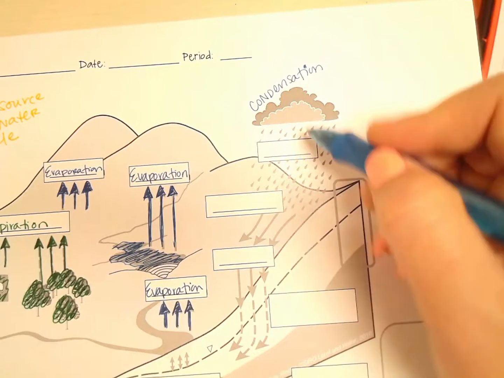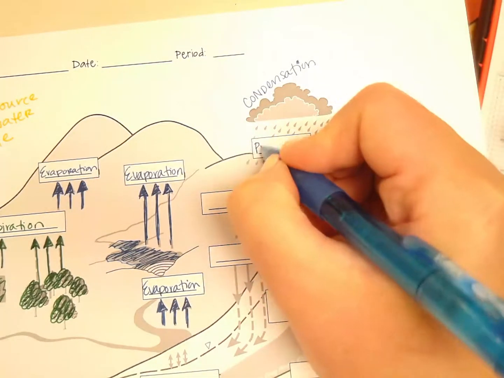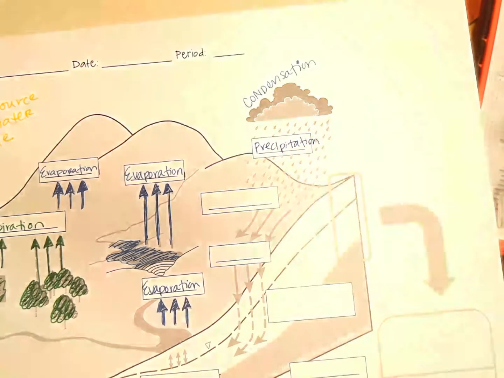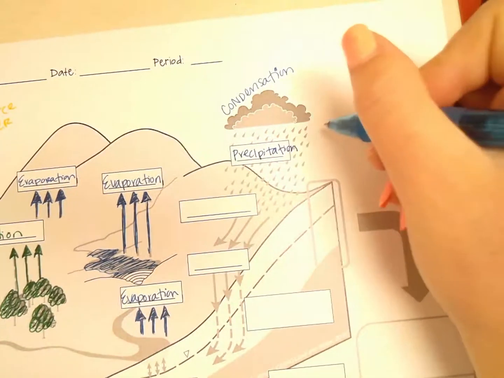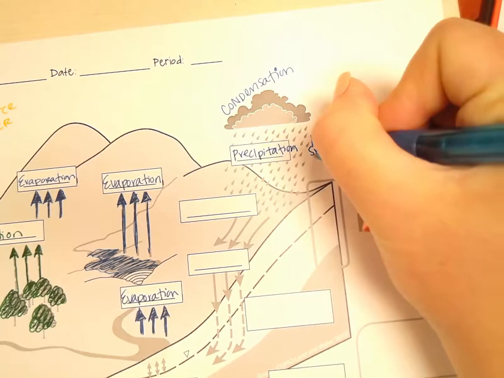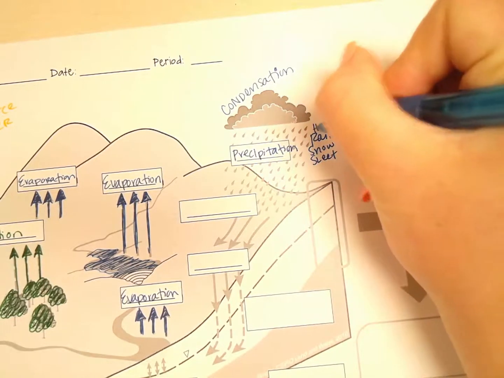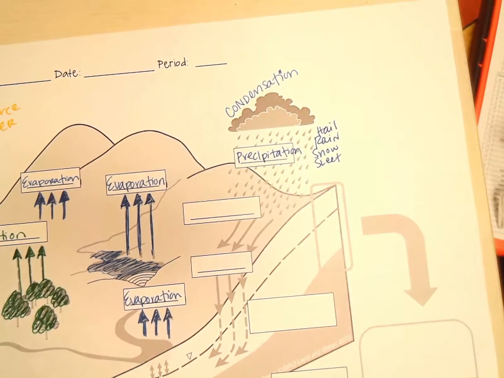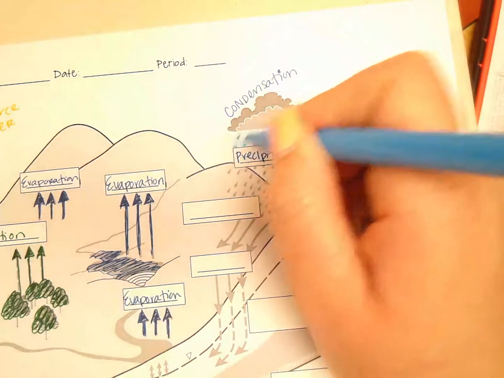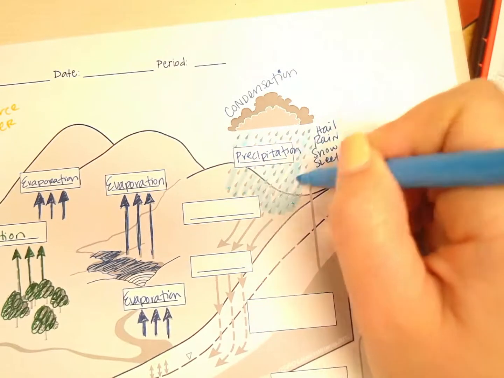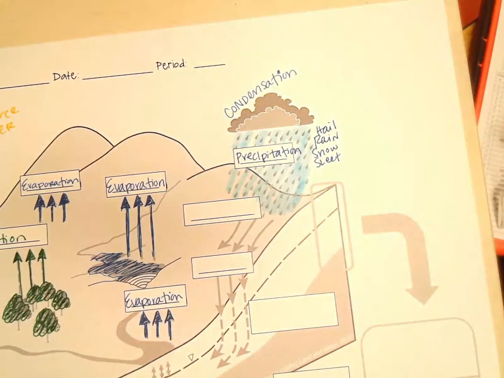And so then that water falls down in the form of precipitation. And precipitation can be rain, snow, sleet, hail, any form of water that falls from the sky. So I'm going to take actually a blue highlighter, and I'm going to kind of shade in my precipitation area.